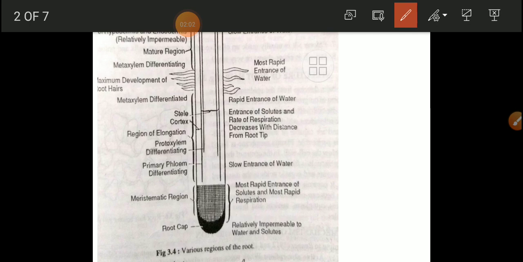Now here are the various regions of the root. The sketch is of a root, and we can find various regions in it. The meristematic region is this one.